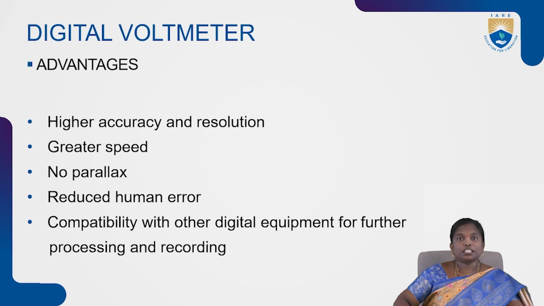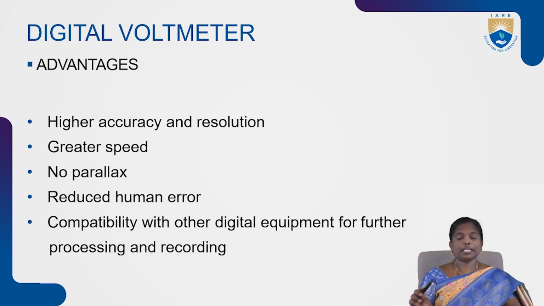The main advantages of a digital voltmeter, why we choose it, are very high accuracy and high resolution. It has greater speed, low parallax error, reduced human error, and compatibility with other digital equipment for further processing and recording.